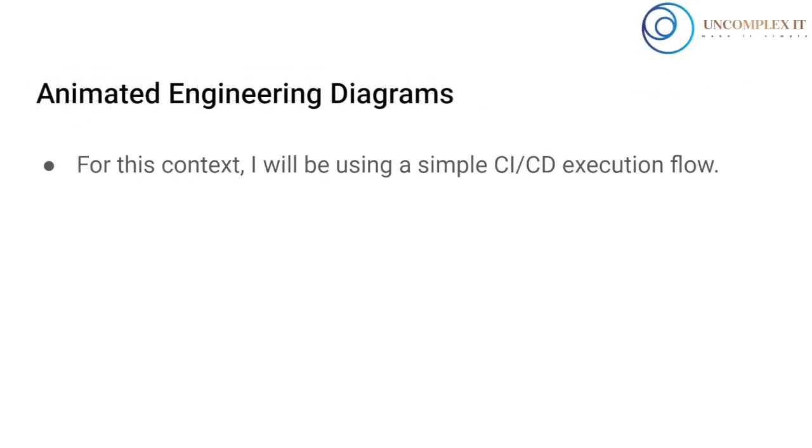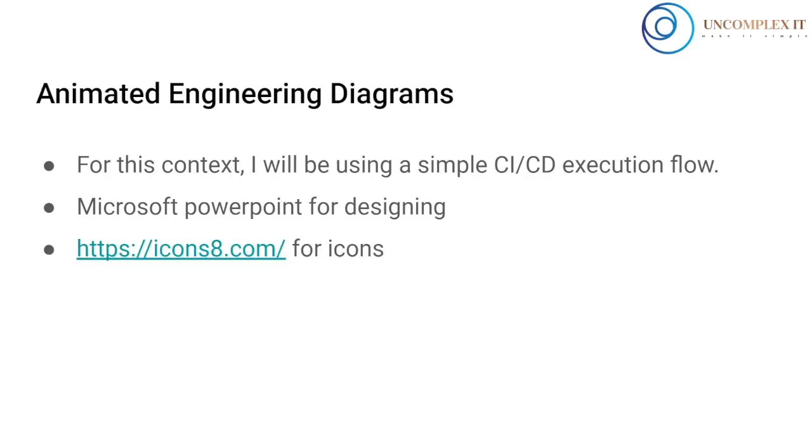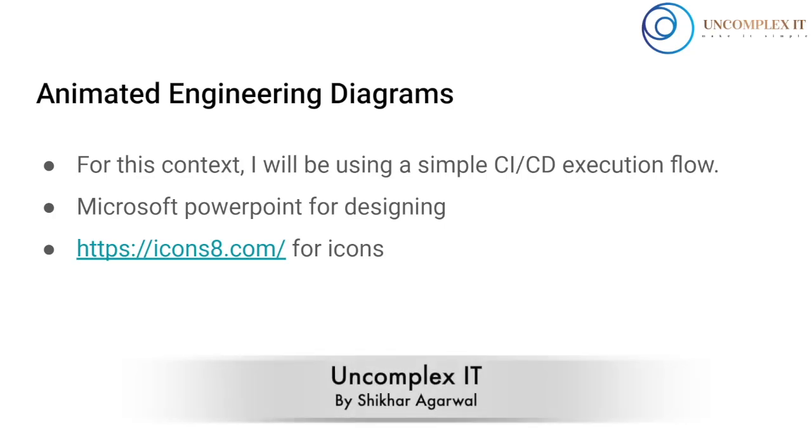Yep, for this context, I'll be using a simple CI/CD execution flow, and I would be using Microsoft PowerPoint, as I already said, for the designing in this particular exercise. And I have used Icons8 for downloading and creating icons, which I used in my PPT. I'll show you that in a minute.